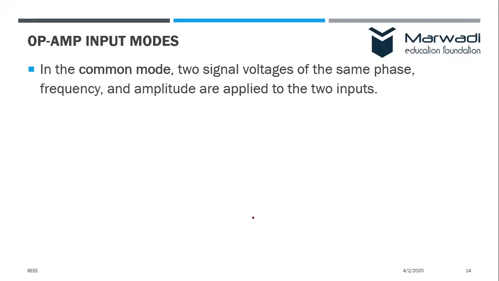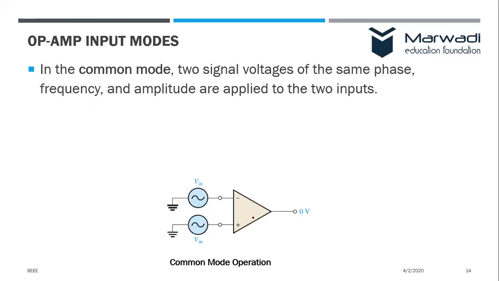In the common mode, two signal voltages of same phase, frequency and amplitude are applied to two inputs. So you see here, both signals are same, and then they are given to both the terminals plus and minus. So if both the signals are same, that means the difference should be 0, right?